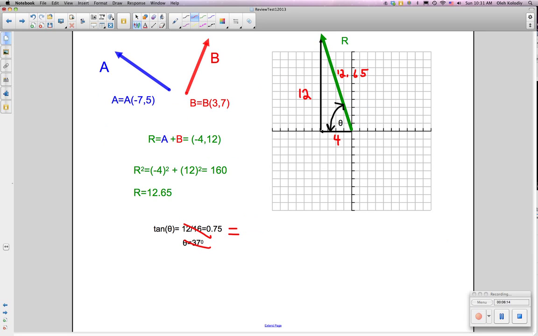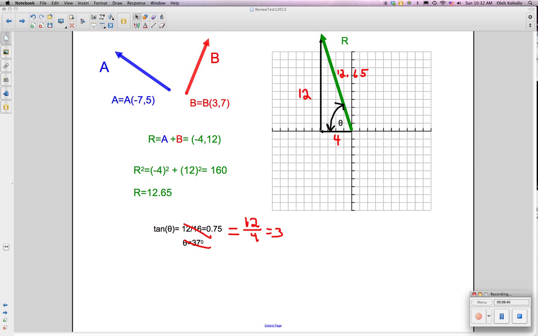And the inverse tangent or arctangent of theta will be the arctangent of 3. Now the arctangent of 3 is not 37 degrees like I had here, but it is 72 degrees. So this angle theta right here is 72 degrees.